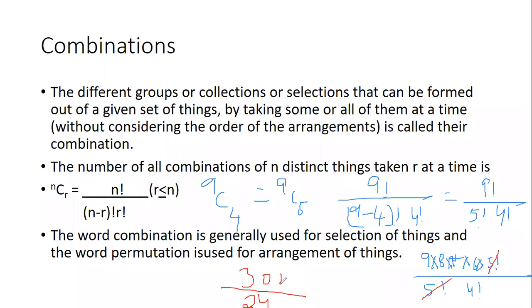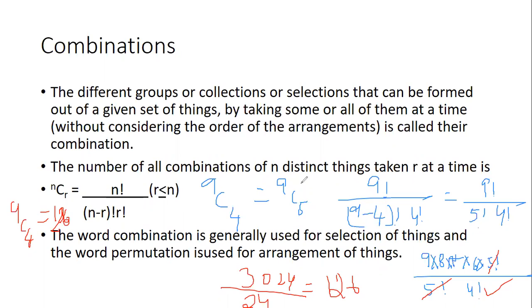Okay, 3024 divided by 24, since 4 factorial is 24. So 3024 by 24 is 126. So 9C4 is equal to 126. So we got one answer.